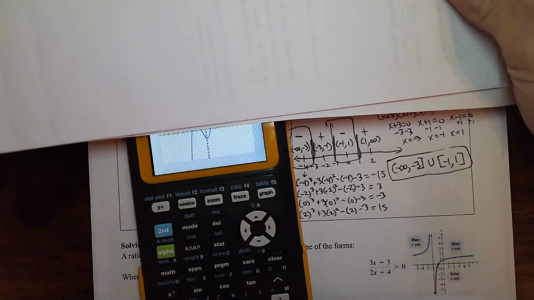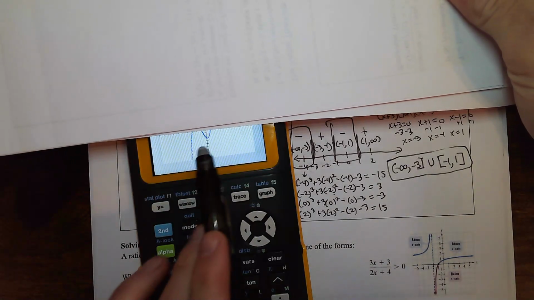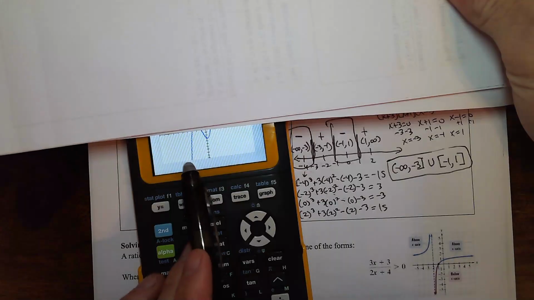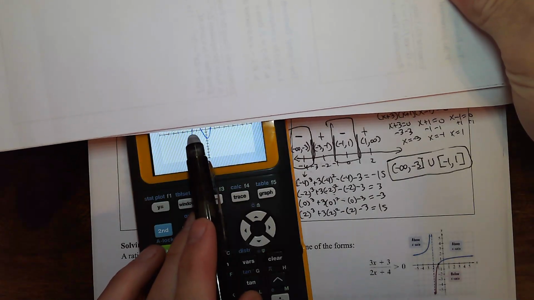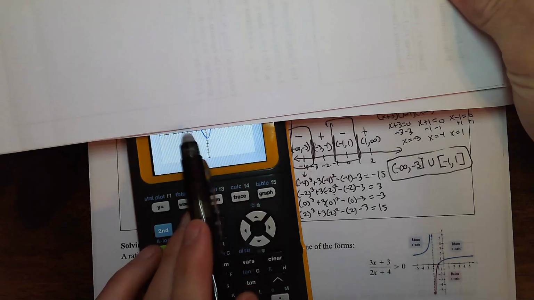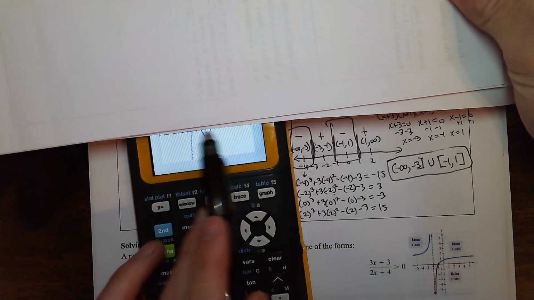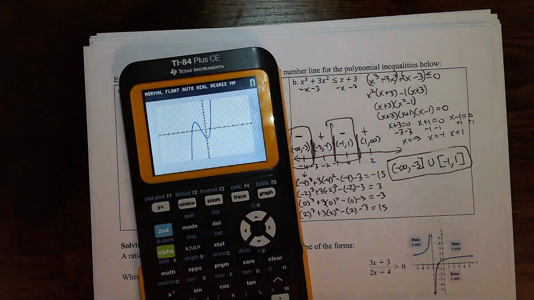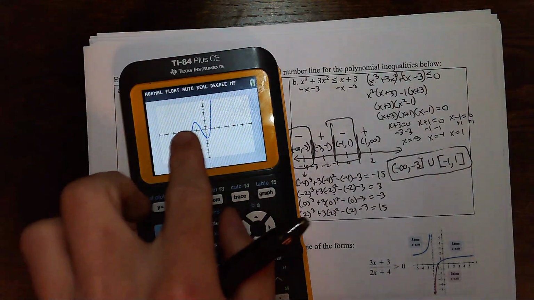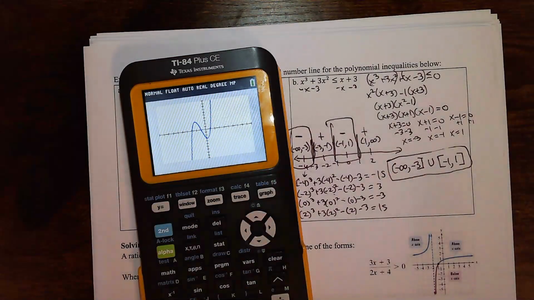When am I below the x-axis? Because when I'm below the x-axis, my y is less than 0. So from negative infinity to negative 3, it's that way. And at negative 3, it's equal to 0, so I have to include it. And also from negative 1 to 1, and I include negative 1 and 1 because it's equal to it. So that's how you can tell graphically how to do that. I'll look at the graph, whether it's less than or greater than. If it was greater than, you would do the other two intervals.